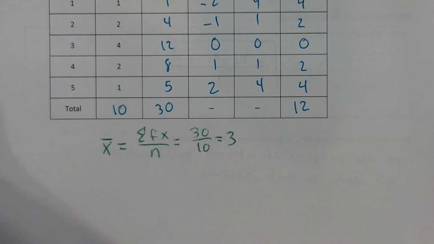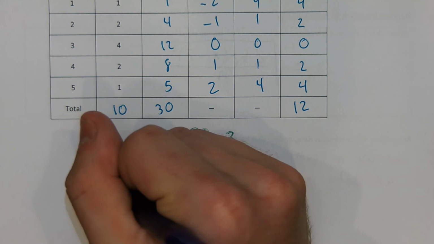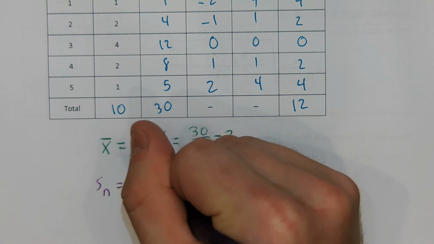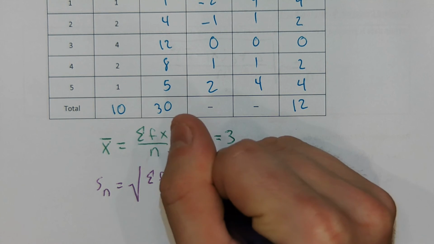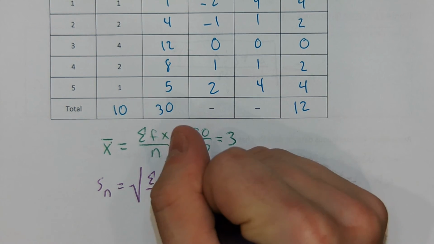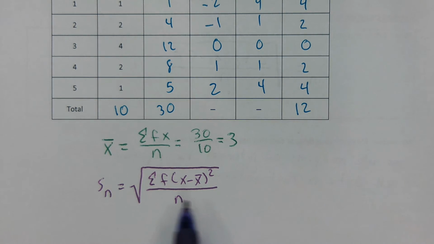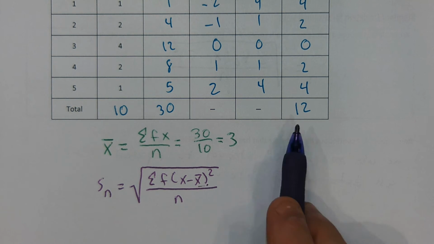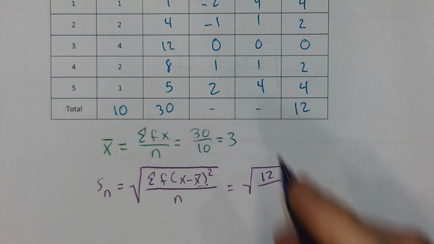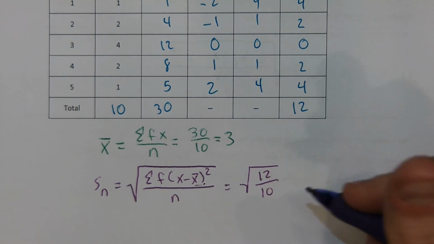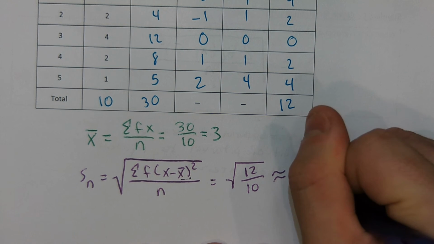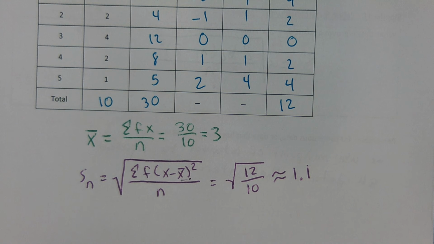Standard deviation is the square root of sigma f times (x minus x bar) squared, over n. This is 12, and n is still 10. The square root of 12 over 10 is roughly 1.1. There you go.